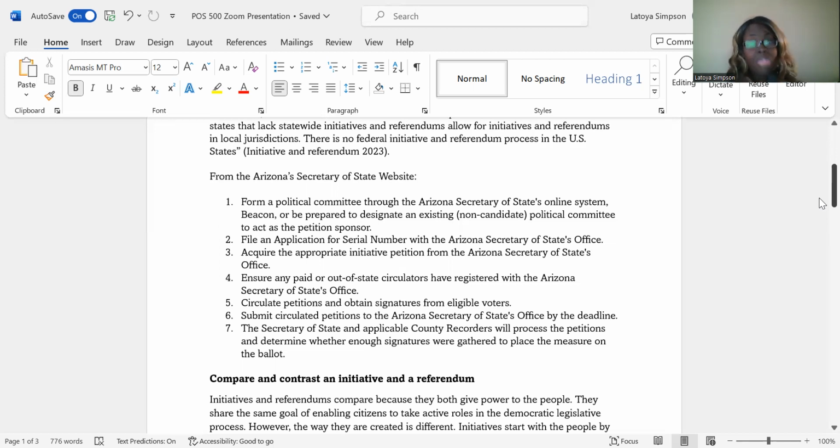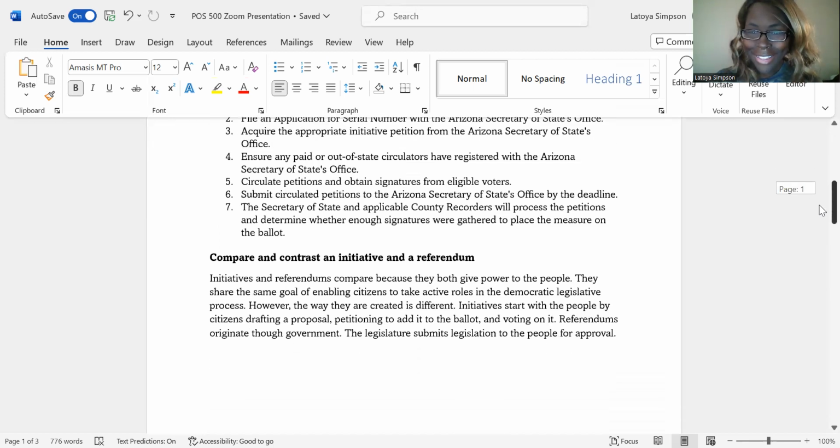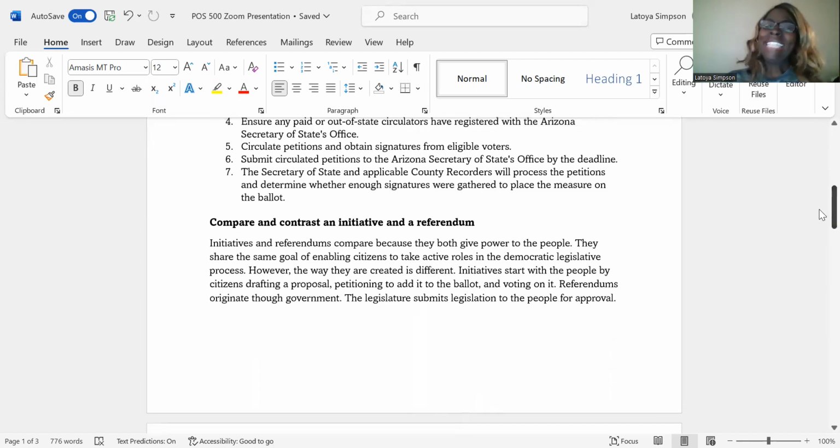However, the way they are created is different. Initiatives start with the people, by citizens drafting a proposal, petitioning to add it to the ballot, and voting on it, while referendums originate through government. The legislature submits legislation to the people for approval.